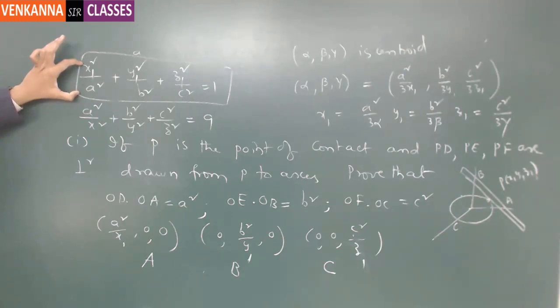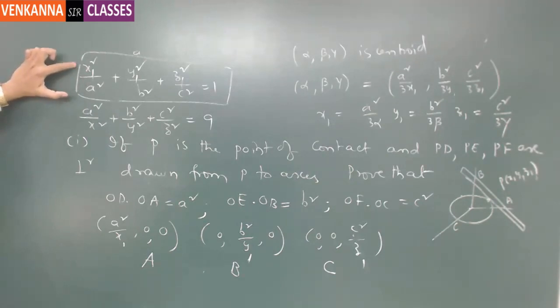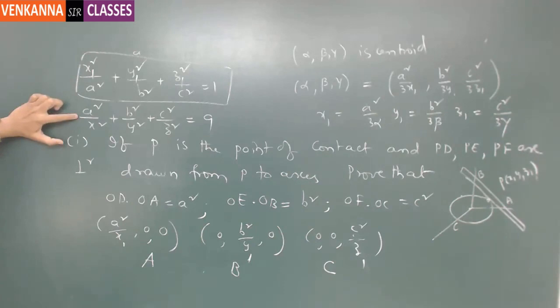Are you getting it or not? So I have written the equation satisfied by alpha, beta, gamma. This is the locus satisfied by alpha, beta, gamma. So please substitute x1, y1, z1 values here, and then check with this answer, the locus part.